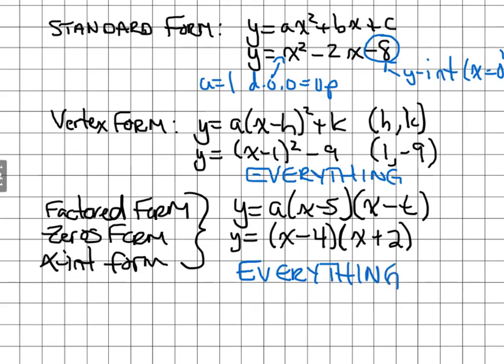So our two most useful forms are vertex form and factored form. Standard, not so much. And what we'll see in another lesson is that sometimes you're only given standard form, so how do I switch from this form to either this form or this form to help me find all the properties or answer problems associated with quadratic relations?